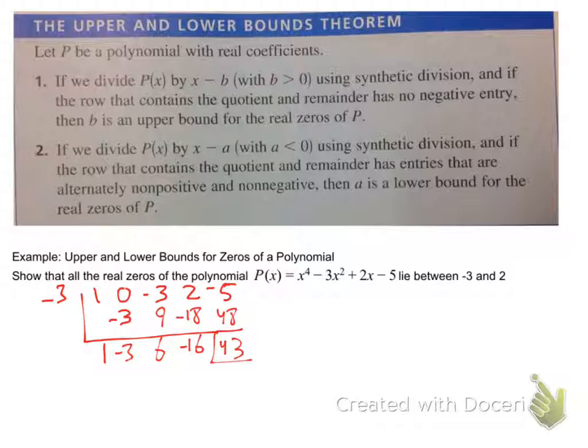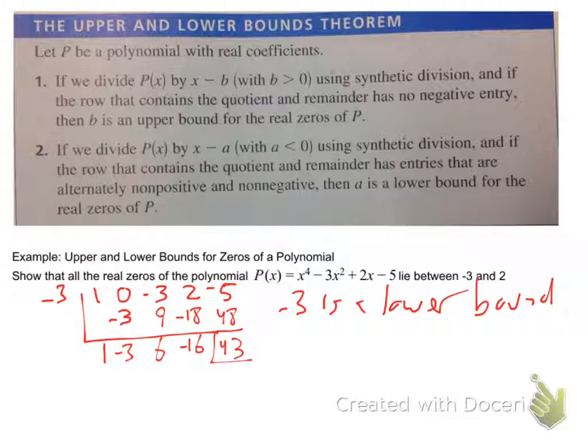But wait a minute. Do you recognize that when we put a negative answer in, we tried it: 1, or positive, negative, positive, negative, positive. That means -3 is a lower bound.